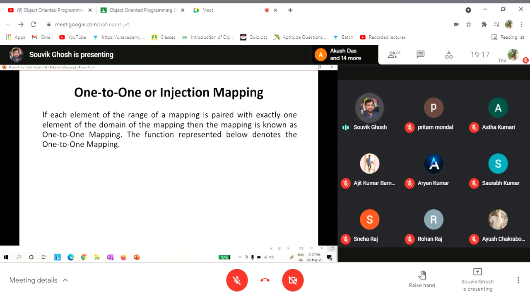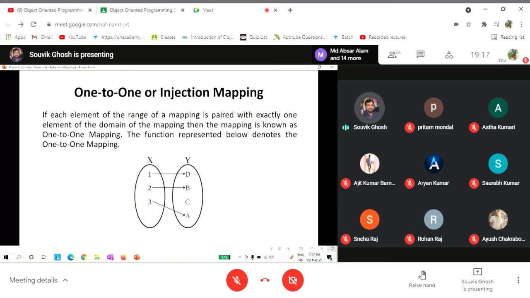That means each element of the range should be related to one element only in the domain. Then only we say that this is a one-to-one mapping.